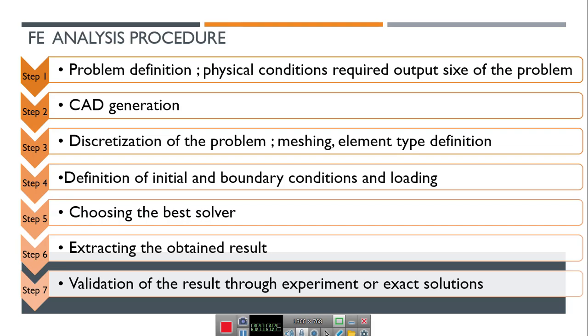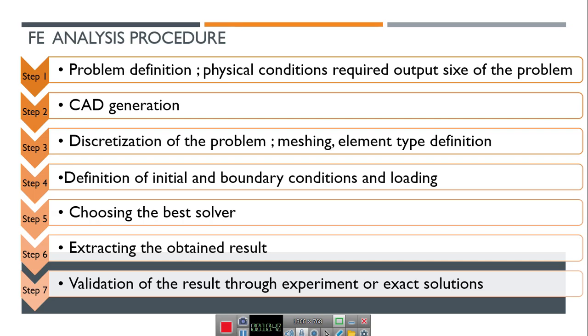Here also we have three steps of the analysis procedure when we want to use a finite element package. For instance, in the first step we define a problem considering the physical condition and required output of the problem. After that, creating the CAD model, and then discretizing the problem.